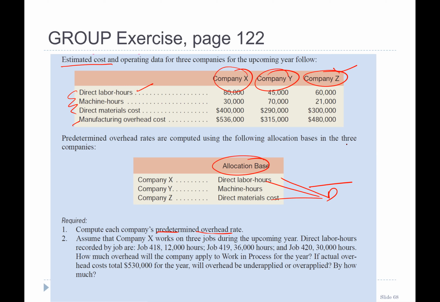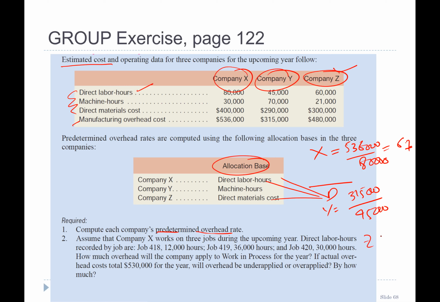The predetermined overhead rate for company X would be 536,000 divided by 80,000, which is 6.7. For Y, 5,000 divided by 45,000.